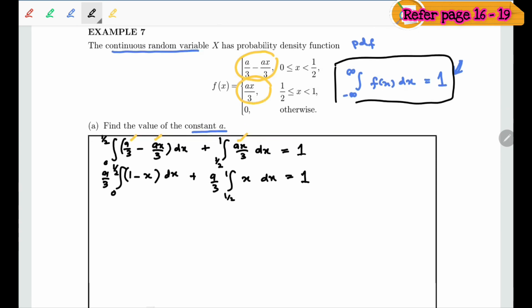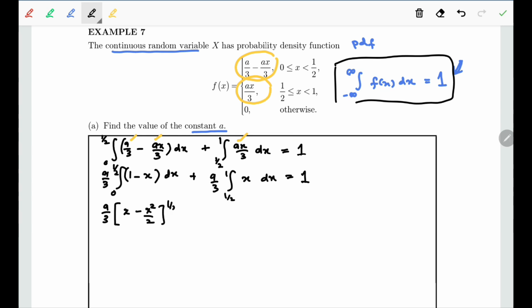For the first function, integrate 1 minus x. So we have the a over 3 outside here. Integrate 1, we get x. Integrate x, we get x squared over 2, with the limit 1 over 2 and 0. Plus a over 3, integrate x, you will get x squared over 2 with the limit 1 to 1 over 2.